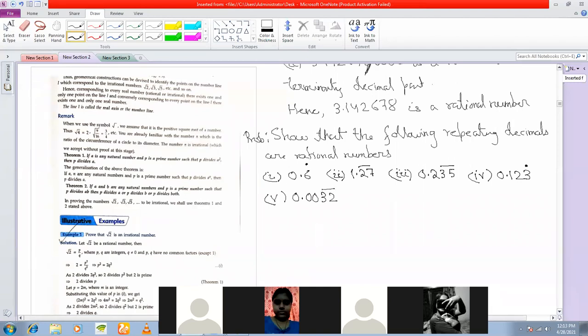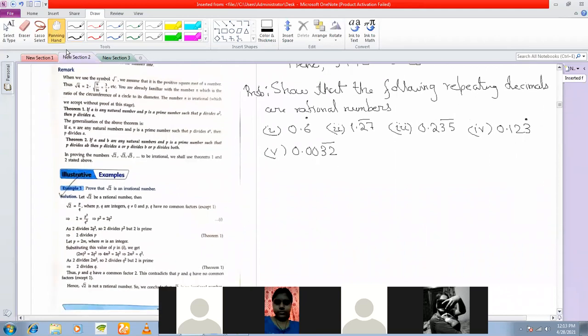Okay, in order to show that these numbers are rational, I'll convert them to fractions. Now the question is how to convert them to fractions. Let us consider the first one, 0.6 with a dot. So I start by saying let x equal 0.6 with 6 recurring.